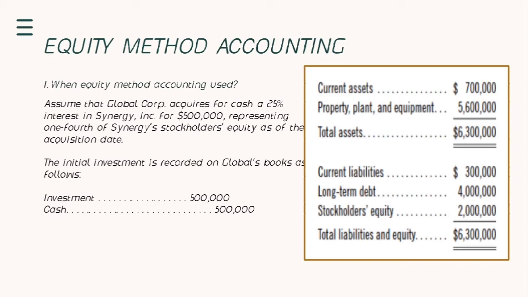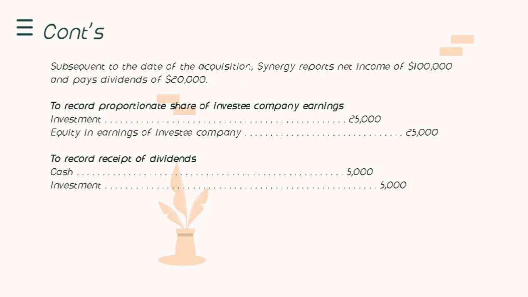This 500,000 investment represents a 25% interest in an investee company with total assets of 6,300,000 and liabilities of 4,300,000. Okay, now subsequent to the date of the acquisition, Synergy reports net income of 100,000 and pays a dividend of 20,000.